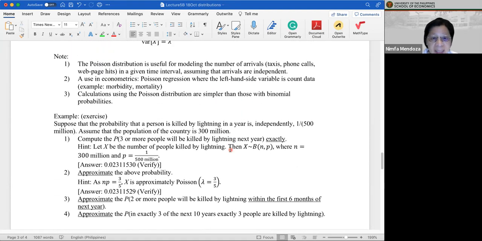I want you to do this exercise. This is quite involved. Suppose that the probability that a person is killed by lightning in a year is independently 1/500 million. So there really is a small probability that a person would be killed by lightning in a year.